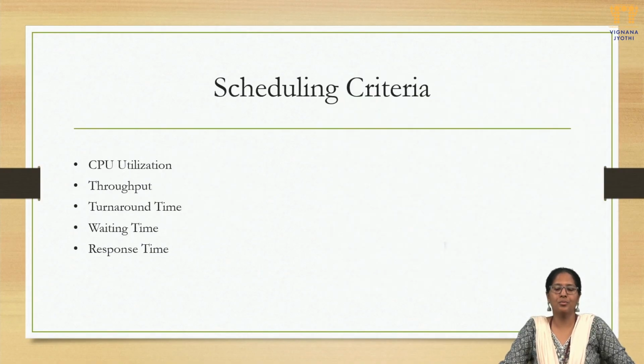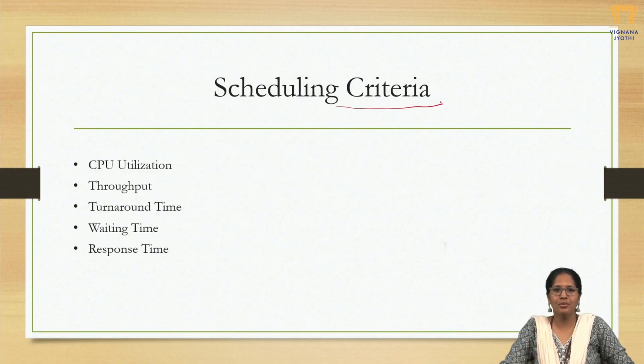As we have understood what CPU scheduling is and why it is necessary, let's move on to the scheduling criteria. Different algorithms make different decisions about which process should execute next. But how do we determine which algorithm performs better? To compare and evaluate CPU scheduling algorithms, we have a set of performance measures called scheduling criteria.